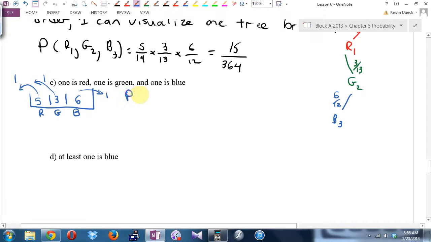So the probability of red, green, blue, in any order, is going to be what? 5 choose 1, and 3 choose 1, and keep going, Rosanna. And that's how many different ways that I can pick a red, blue, and a green.